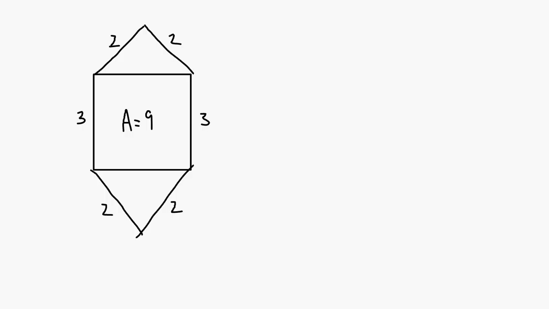Area of a square. Now, this triangle that's on top is the same as the triangle that's on bottom. But the area of this triangle is going to be 0.5 times the base times the height, isn't it?